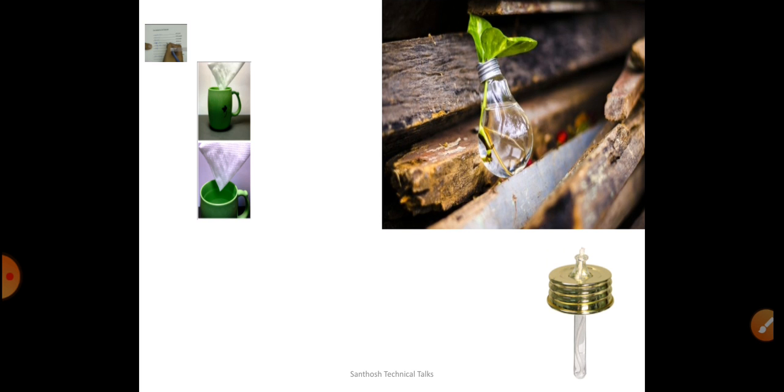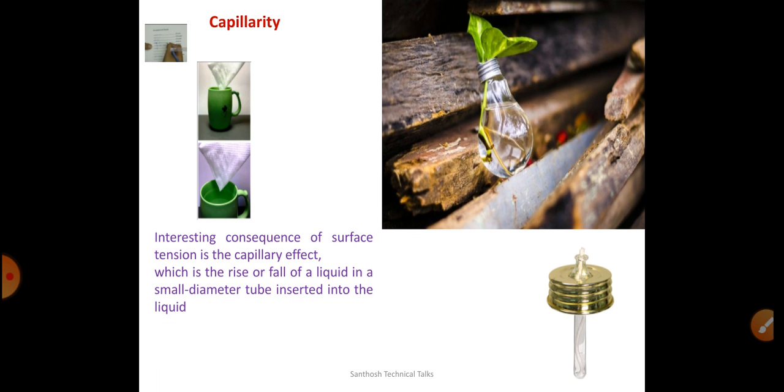Similarly, the sap of a tree: how do the roots capture the water and transfer it to the leaf? It is by means of capillarity. The interesting consequence of surface tension is the capillarity effect, the rise or fall of liquid when a tube of relatively small diameter is inserted.